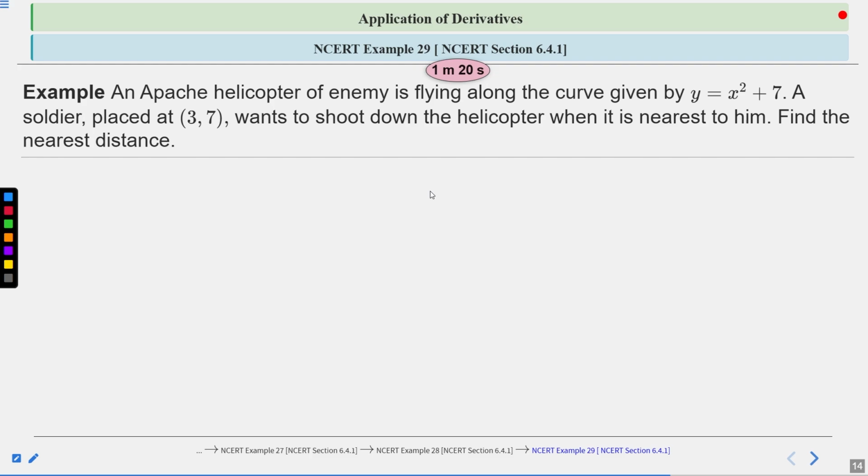You have some time to solve or think about this question. After that, we will move to the solution part.